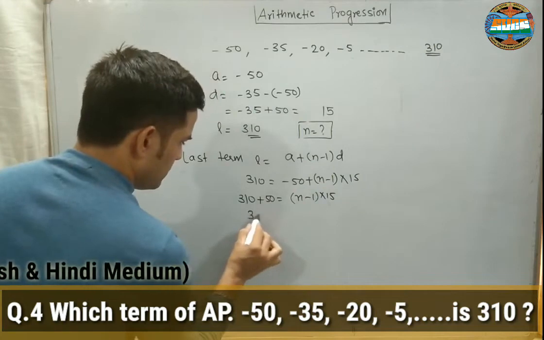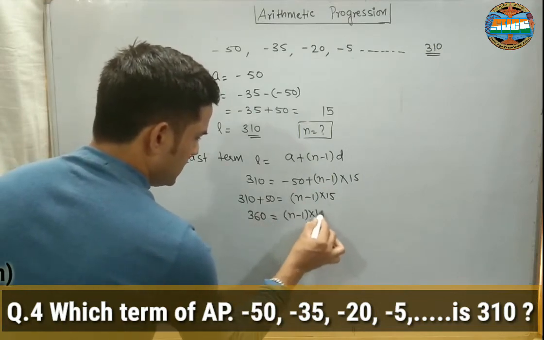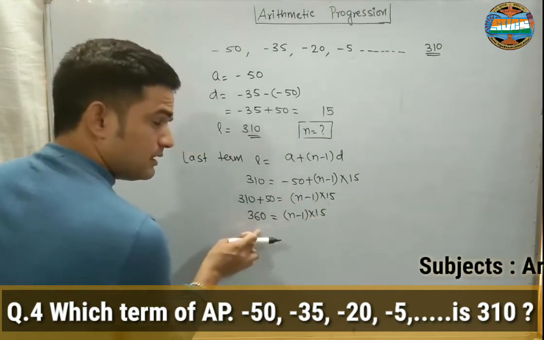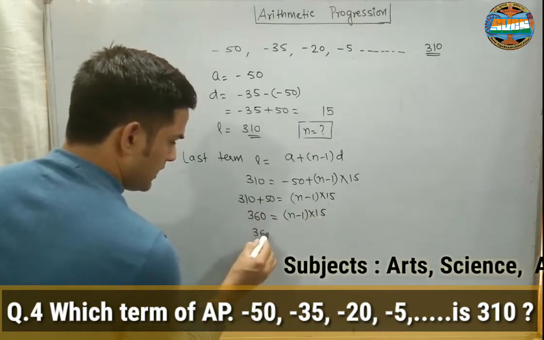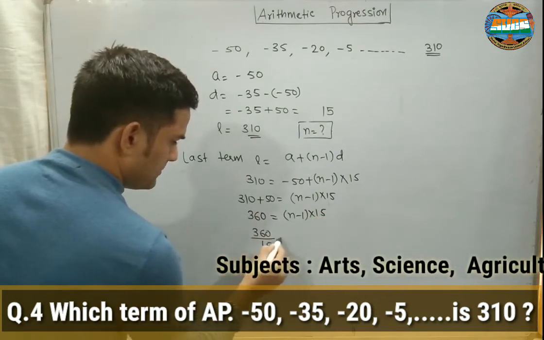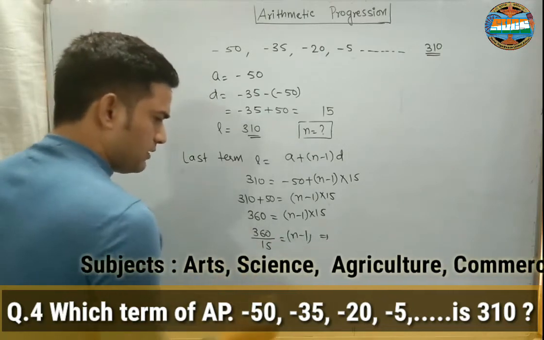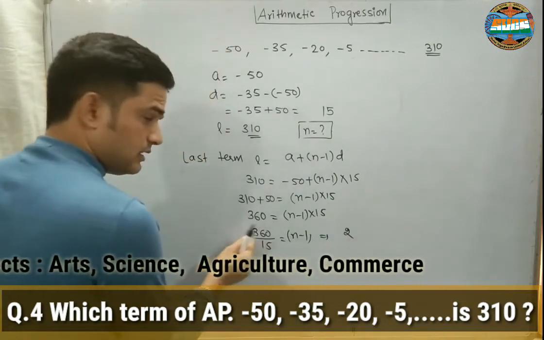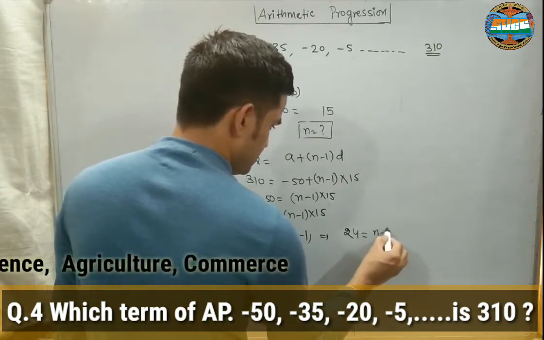This is 360, equal to (n minus 1) multiply by 15. The 15 is transferred to this side, the multiply sign changes to divide, so n minus 1 is 360 divided by 15, which is 24.